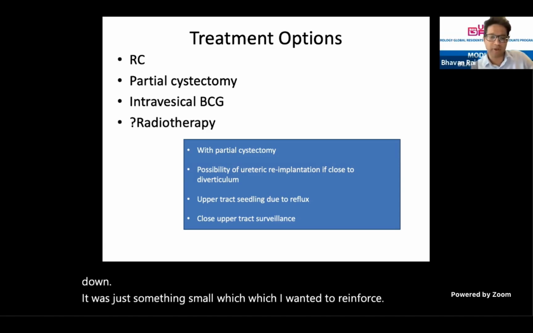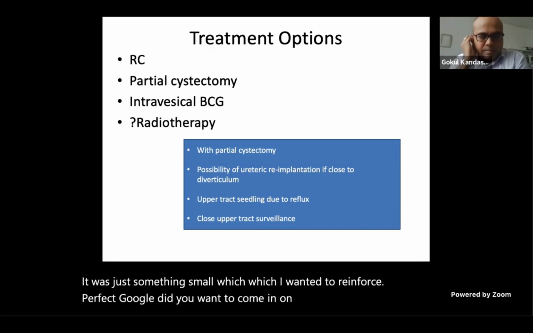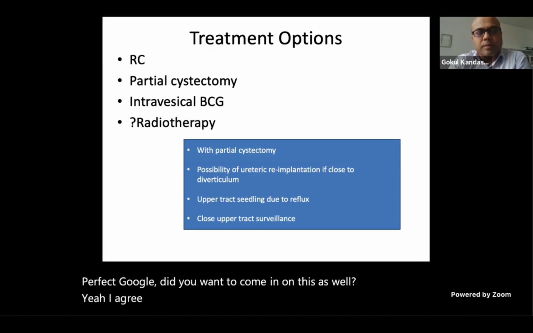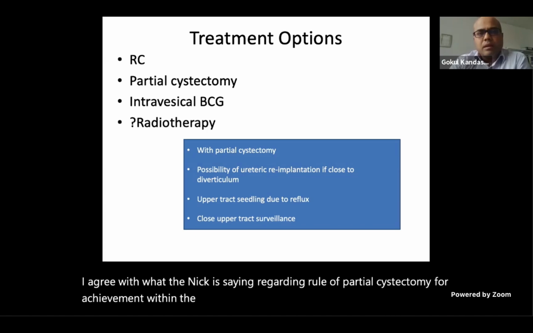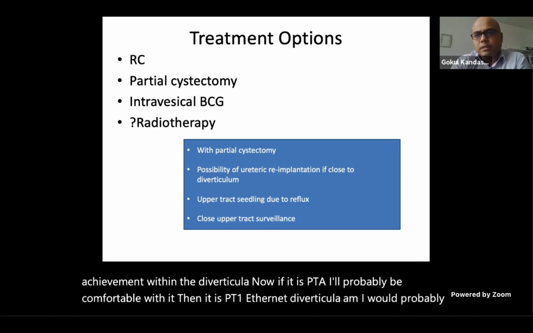Perfect. Gokul, did you want to comment on this as well? I agree with what Nick is saying regarding the role of partial cystectomy for a tumor within the diverticulum. Now, if it is pTa, I would probably be comfortable with it. When it is pT1 within a diverticulum, I would probably be more comfortable with offering cystectomy.